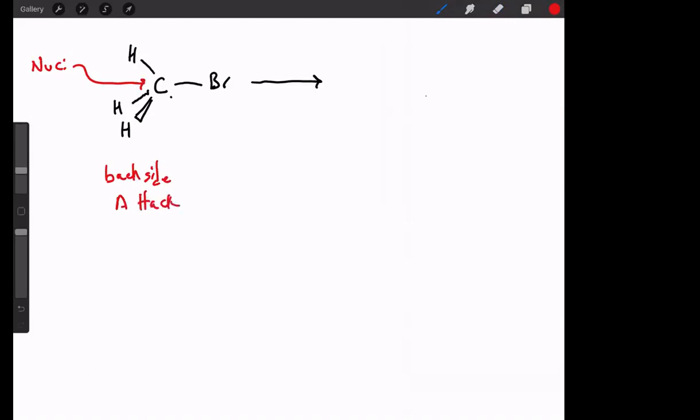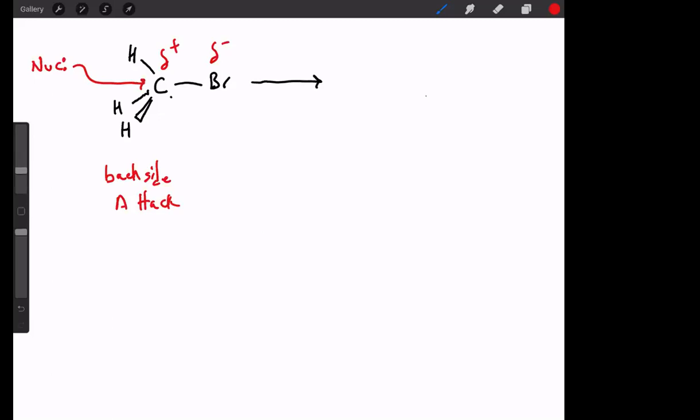And what I mean by that is that if I think about the molecule from the perspective of the leaving group being on the front side, the nucleophile attacks on the back side. Now let's think about why that might be. Remember that the leaving group is partially negatively charged and the carbon is partially positively charged. And that's why it is reactive. Remember that the nucleophile either has electrons or it has a negative charge.